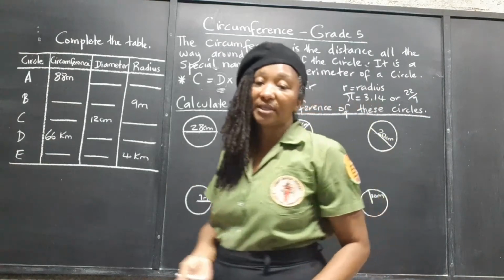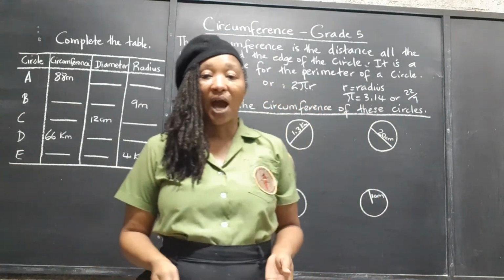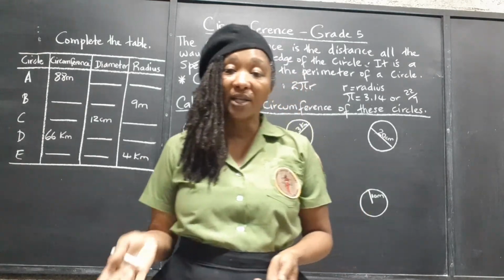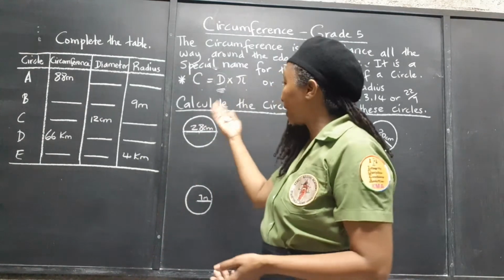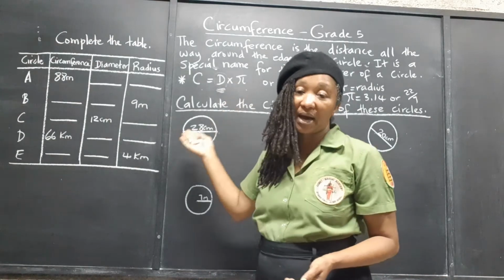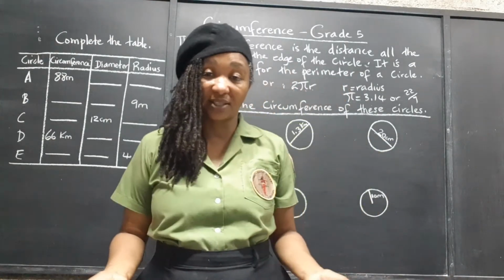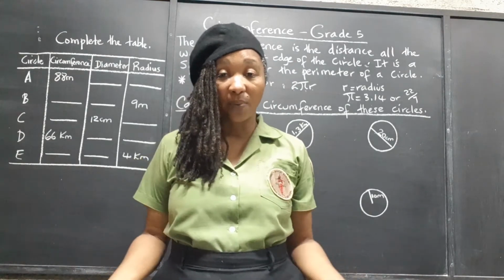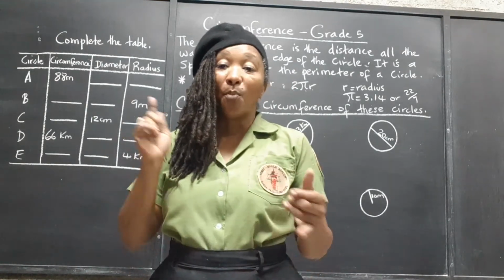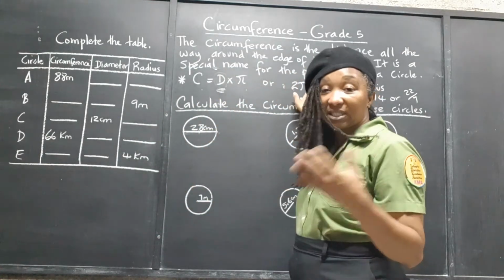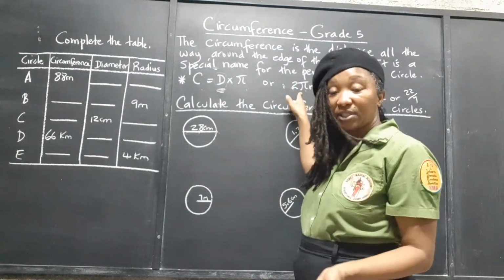So in other words, if we're given a circle and we're given the diameter of that circle and we want the circumference, we can just go straight, multiply the diameter by pi, and we get the circumference. But suppose they just give us the radius. Not a problem. Multiply the radius by 2, which gives us the diameter, and then multiply that by pi.